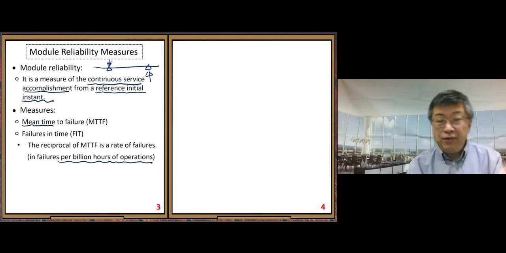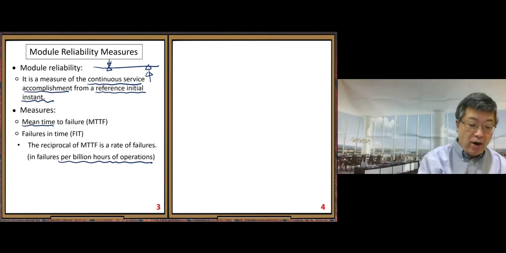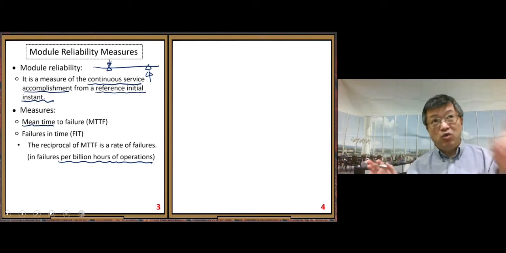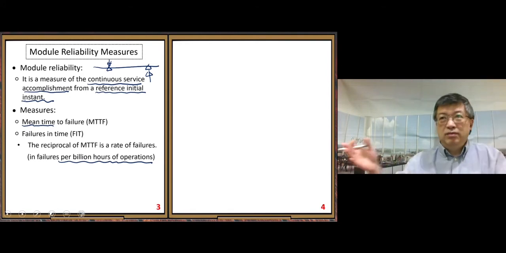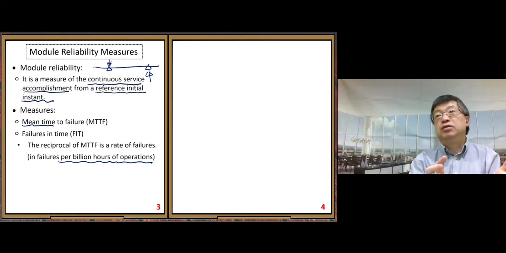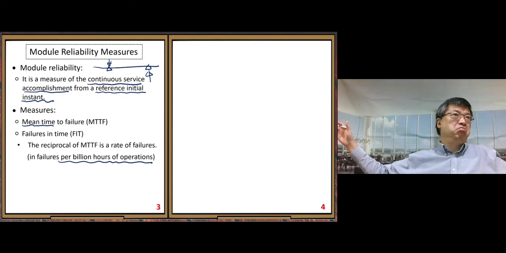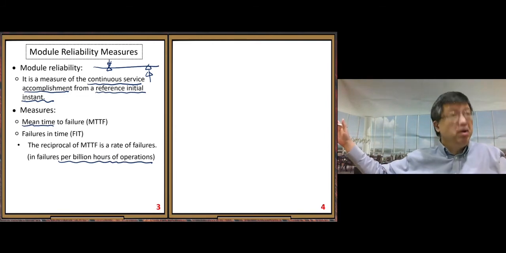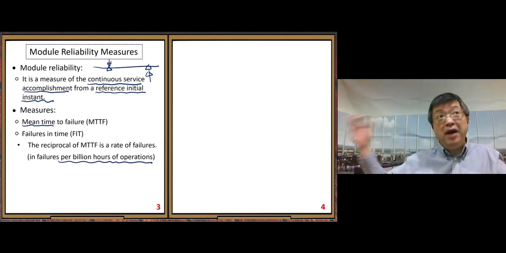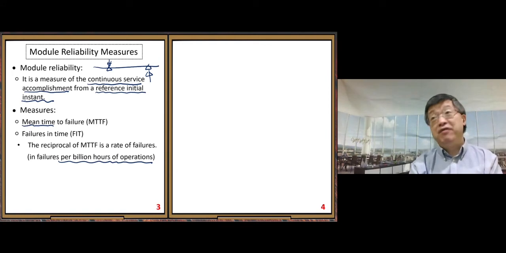So for that reason, per billion hours, you do not use per hour, where the number of failures is too small. But you increase the period to 1 billion hours, a huge period, then that failure number will be big.